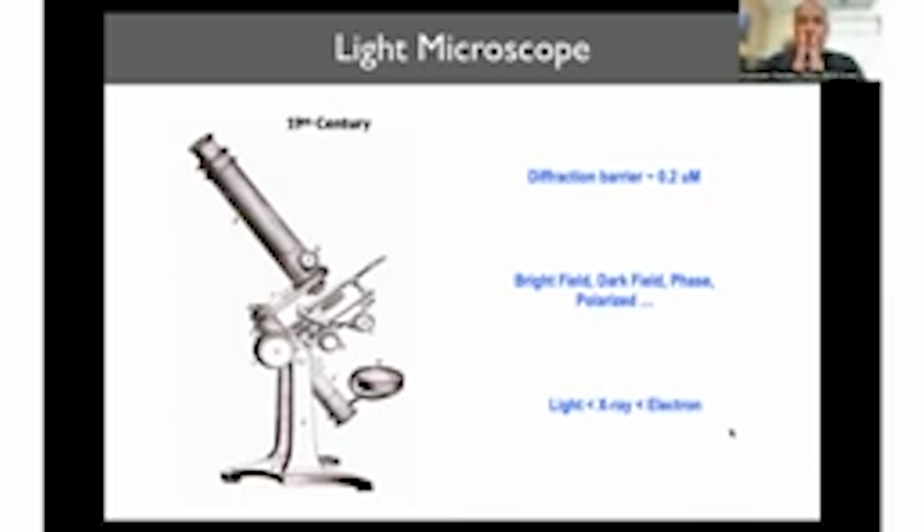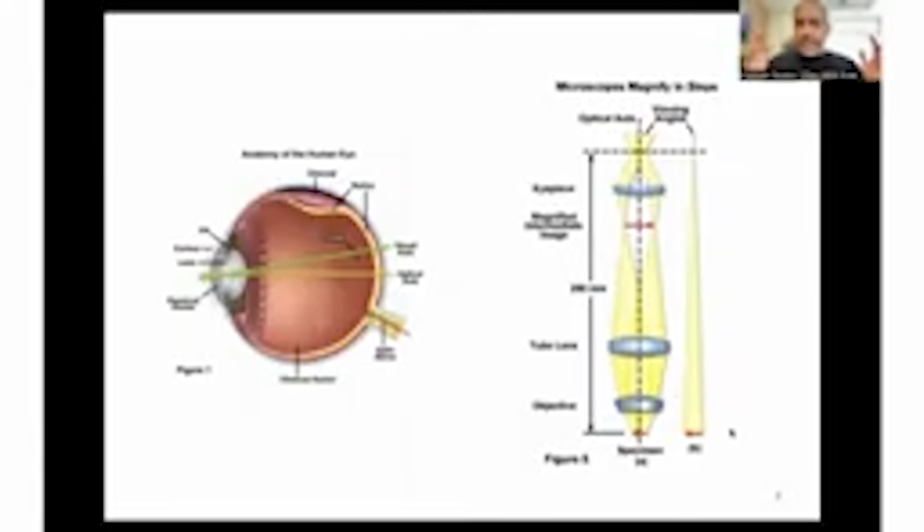So if you have two objects that are really close to each other, the magnification at which you are looking at it, and the way the light source is able to separate these two objects significantly affects your ability to see them as two distinct objects. Okay, and that is limited in light by the fact that light has a certain diffraction barrier.